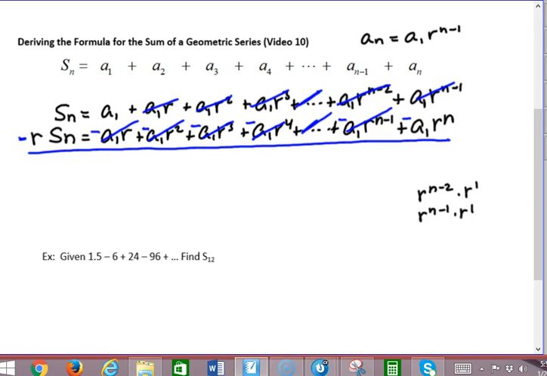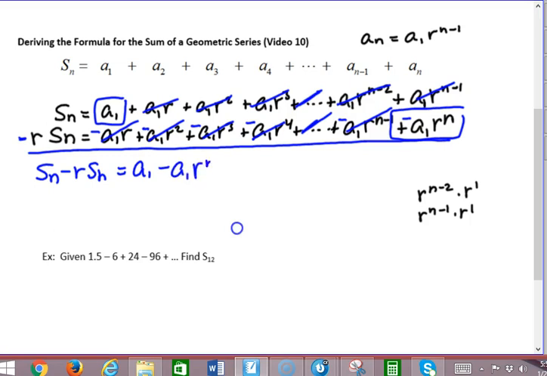So this simplifies to, on the left-hand side, S sub n minus r times S sub n equals a sub 1 from the first row here minus a sub 1 r to the n. This is going to give me a really nice compact formula for adding up the first n terms of a geometric sequence.